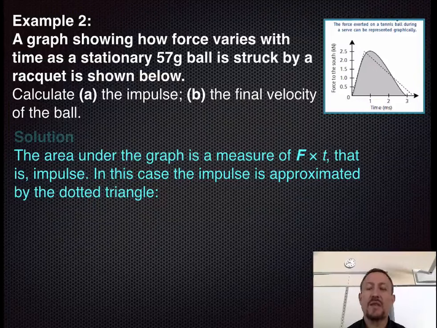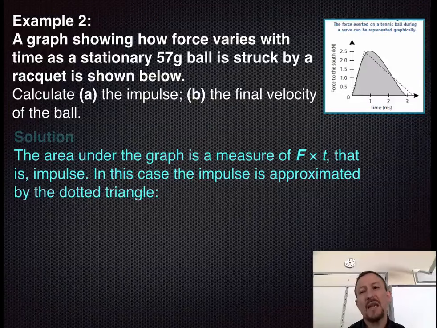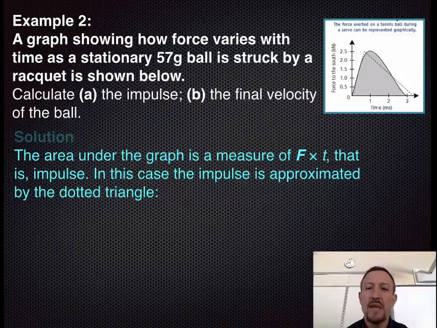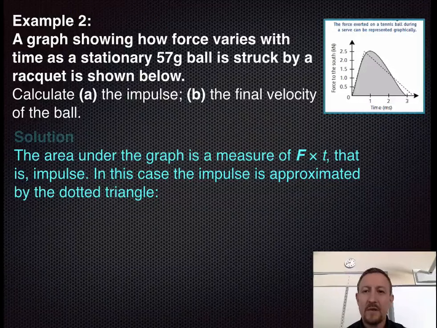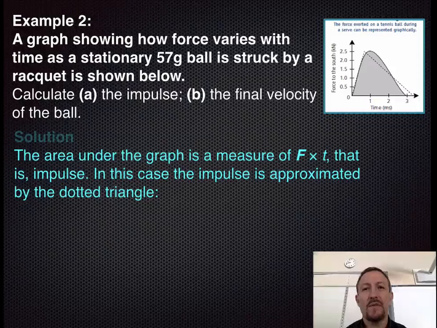Now you can see that the graph is curved, so what we've done is use the dotted line to basically make it easier, and we're going to calculate the area, which is the height times the width, and noting that the time is in milliseconds and that the force is in kilonewtons, so it's times 10 to the 3.